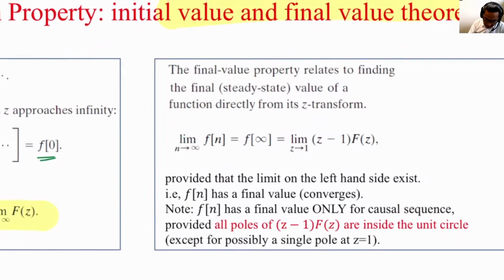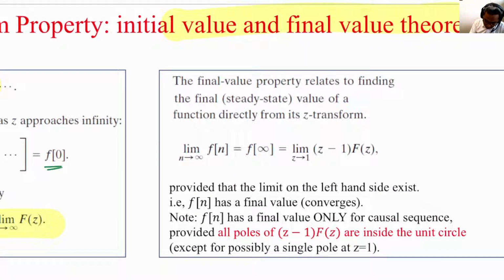In the final value theorem, what we can do to find f(n) as n tends to infinity is to multiply F(z) by z minus 1 and let z tend to 1. We will not prove this, we'll just state this property.